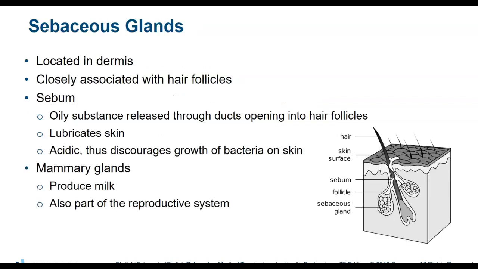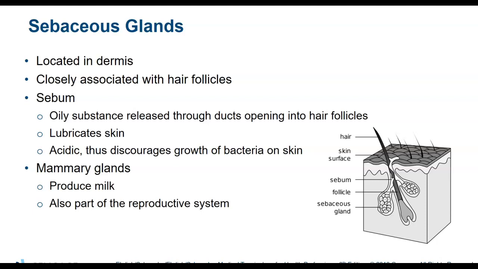Sebaceous glands that are located in the dermis, they are closely related to the hair follicles. Again, we talked about this. The sebum is like an oily substance, and it actually is released through ducts open into the hair follicle. And so when we get like a pimple, that's that backup of dirt and oil. That's what happens.